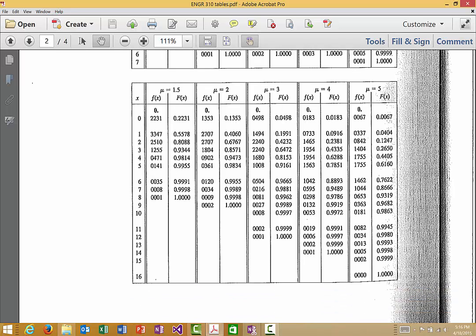Mu is equal to 4. And notice that they have two columns here, one for little f of x and one for capital F of x, and we're calculating little f of x. Again, we have 0 point at the top of the column, which is understood to mean that every one of these numbers will be preceded by 0 point. And then we have x over here, so we have 0, 1, 2, and 3, which is exactly what we want.